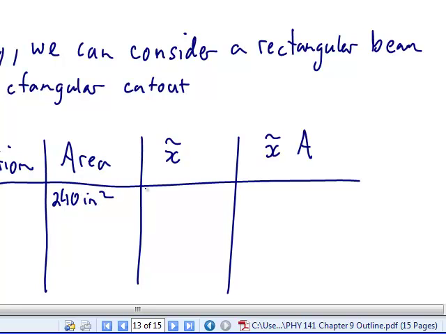The centroid is going to be at exactly 5 inches. And 240 times 5 should be 1200 inches cubed.